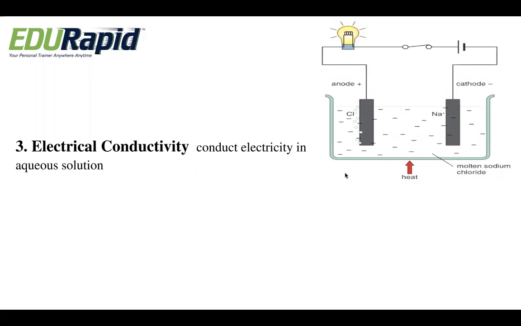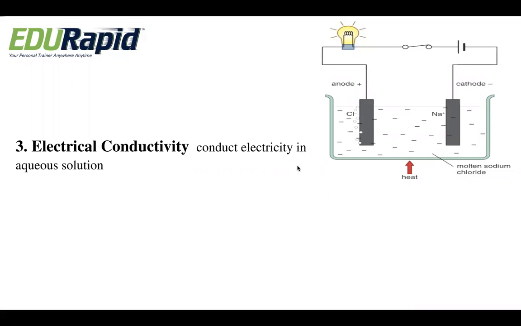The sodium plus ion will move towards the cathode, that is the negative electrode, as you can see in the picture, and the chlorine minus ion will move towards the anode, that is the positive pole. As a result, there is a flow of charges from one electrode to the other, and this flow of charges is nothing but electricity, and since electricity is flowing, the bulb will glow.